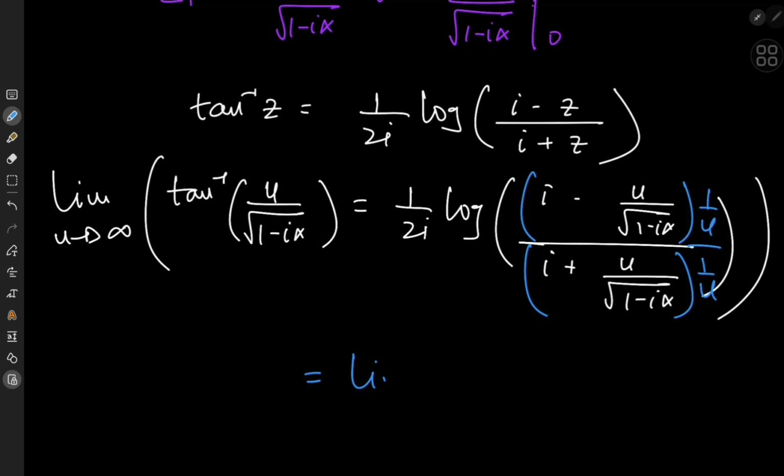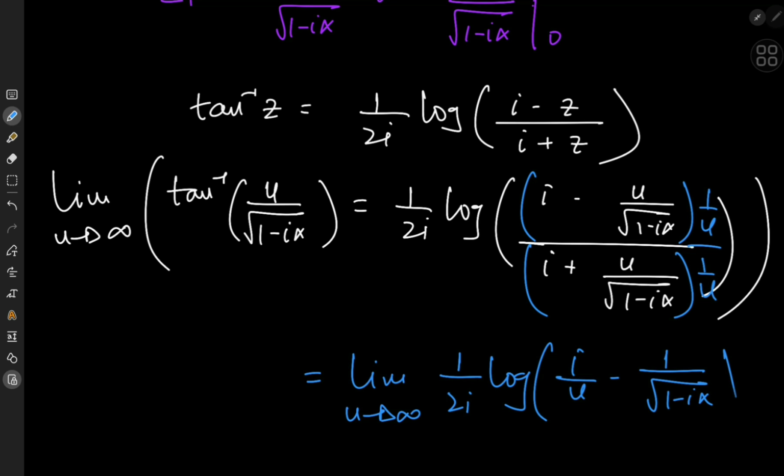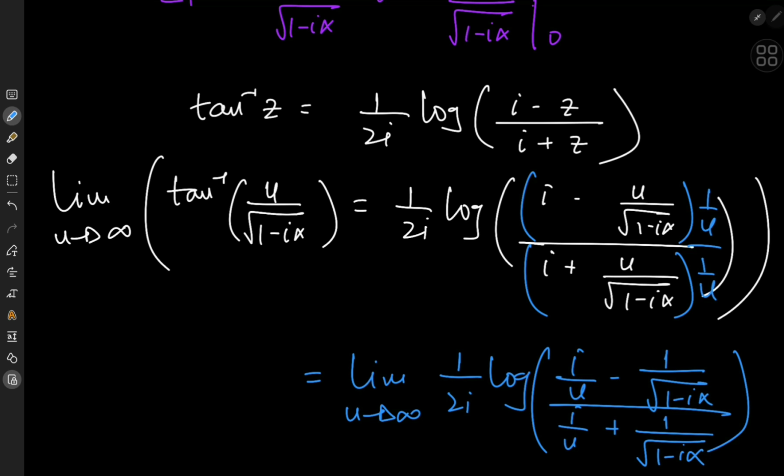This gives me the limit as u tends to infinity of 1 by 2i times principal log of (i divided by u minus 1 by root 1 minus i times alpha), divided by (i divided by u plus 1 divided by root 1 minus i times alpha).